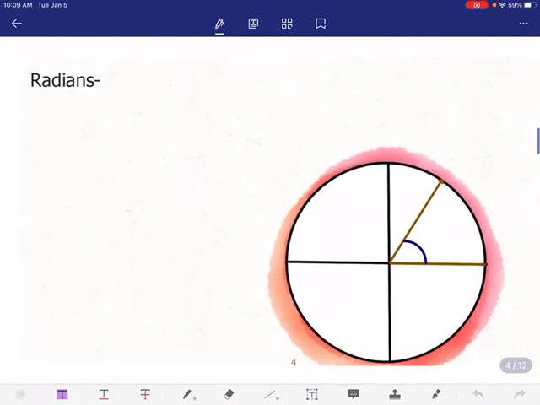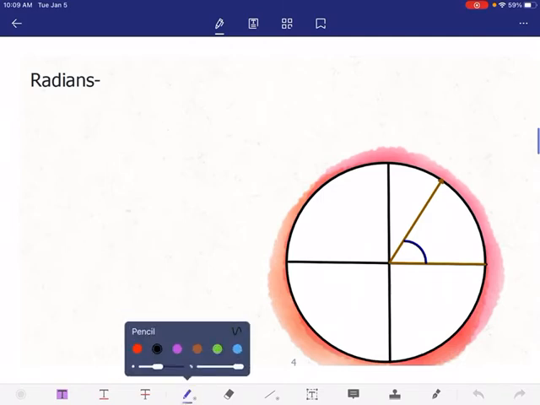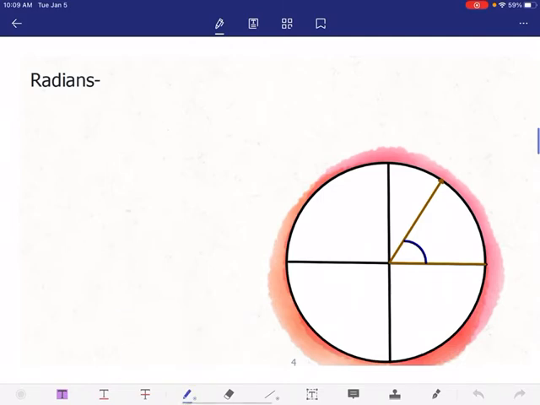Alright, so next up we have radians. So y'all are very used to degrees for your measurement. However, when I'm talking about measurements, degree is a unit. And when we're talking about rotations, especially when we start looking at applications, sometimes units and unit conversions can get in the way.